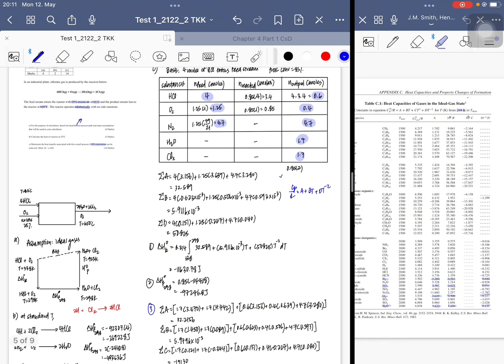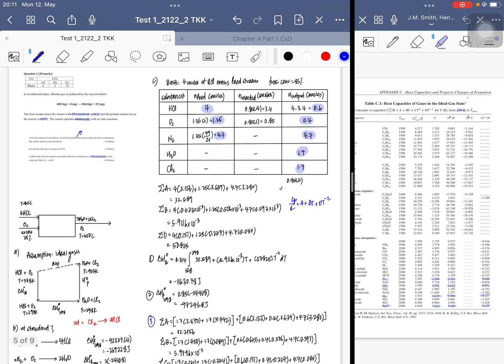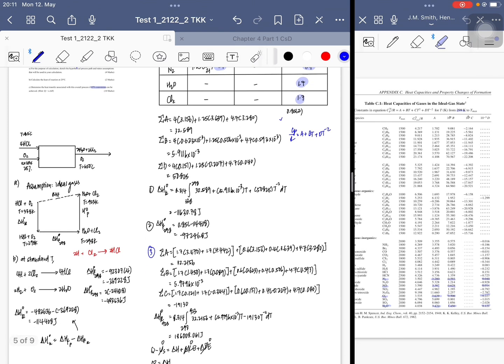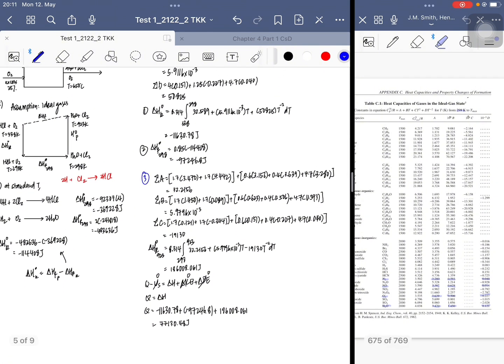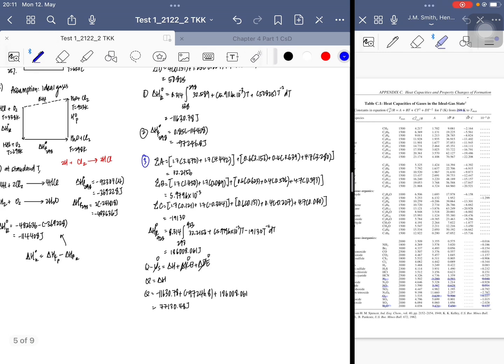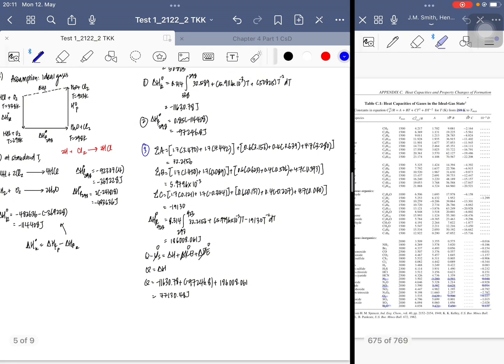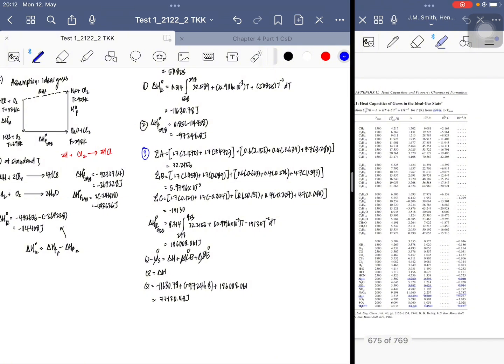So just 1.7 times A for H2O, and so on, just common sense at this point, and then find the heat of reactant. And then also, since we know that it's adiabatic, we can safely assume Ws equals 0.